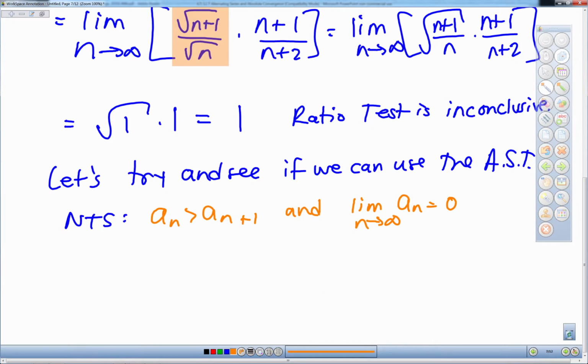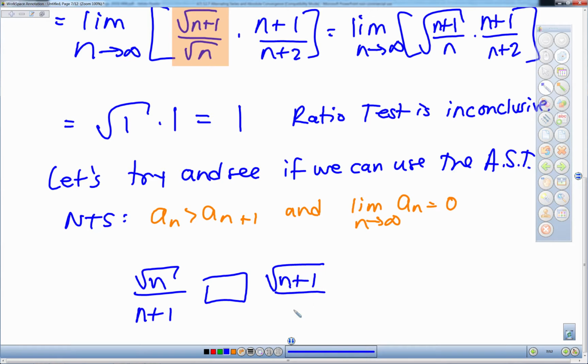Okay, so let's go ahead and compare. We've got the square root of n over n plus 1. How does that compare to the square root of n plus 1 over n plus 2? How do we determine which one's biggest?